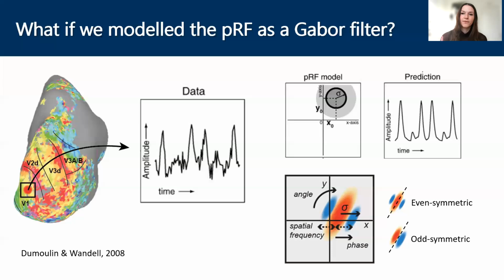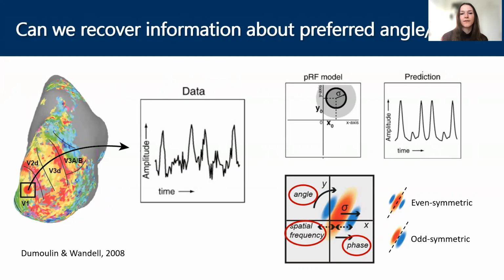In this case, for each time series, we would obtain 3 additional parameters when developing our predictions, and that is the angle, the phase, and the spatial frequency. In this talk, I'm going to focus on the relationship of angle and phase and its relationship to the even symmetric and asymmetric profiles that we can observe in the data.